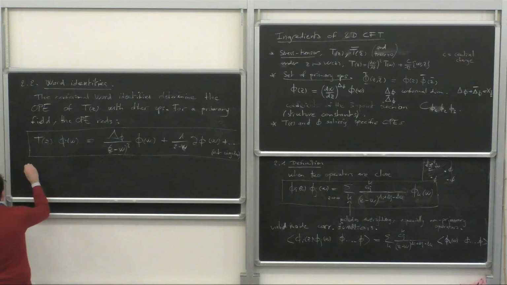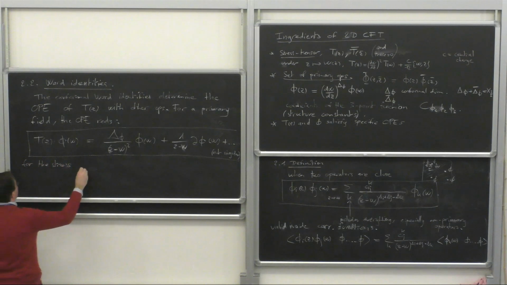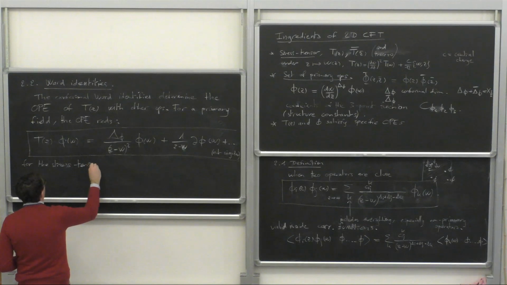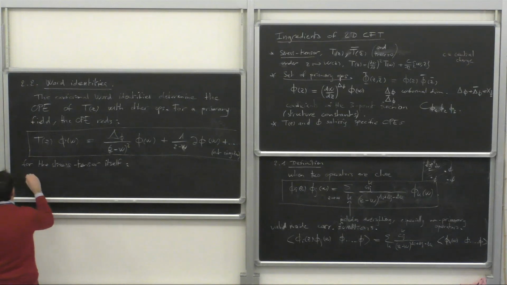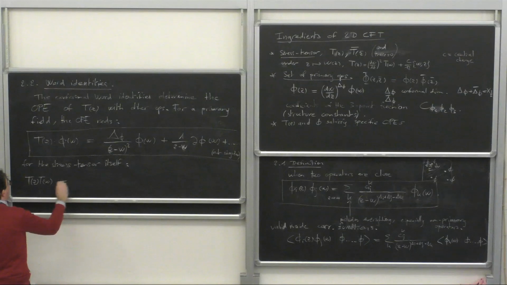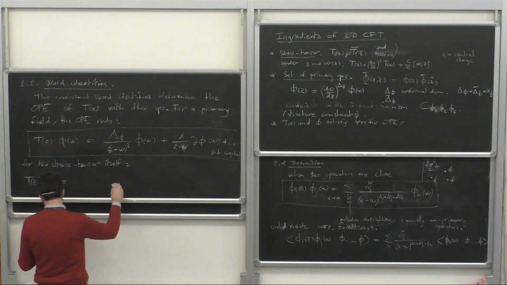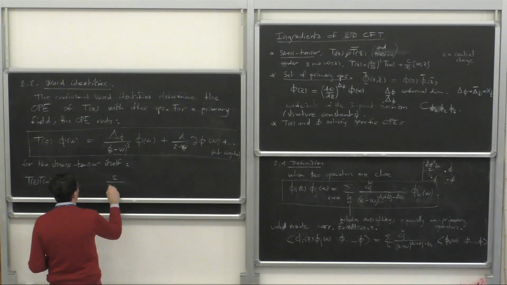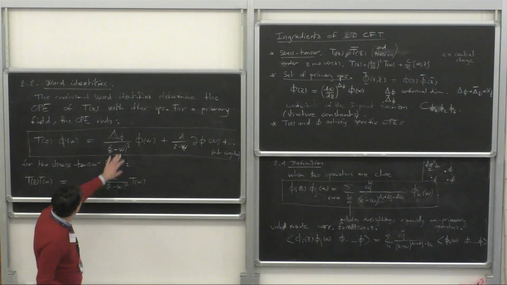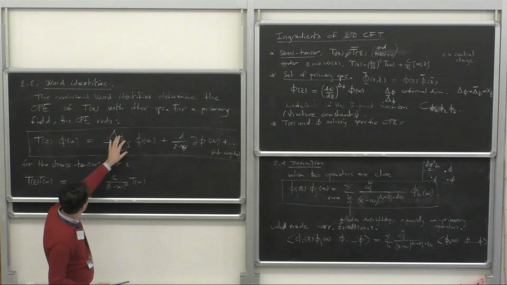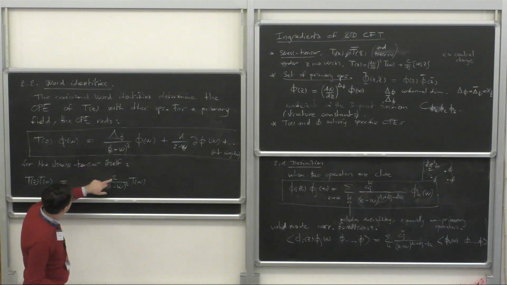And for the stress tensor, the stress tensor itself also satisfies an important operator product expansion with itself, which is T of Z, T of W. This is 2 over Z minus W squared, T of W. You should identify this term as meaning the stress tensor has conformal dimension 2.